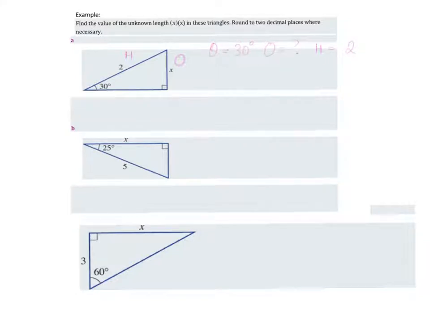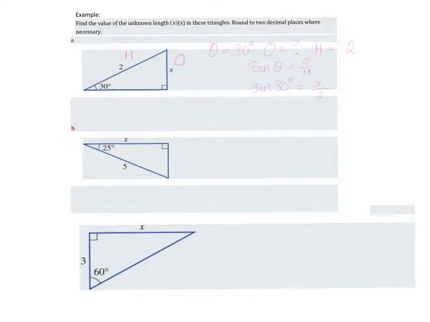Well, what do you now use? SOHCAHTOA. Angle opposite hypotenuse, sine theta equals opposite over hypotenuse. Put in the information that you've got. So sine of 30 degrees is equal to the opposite, which is x over 2.